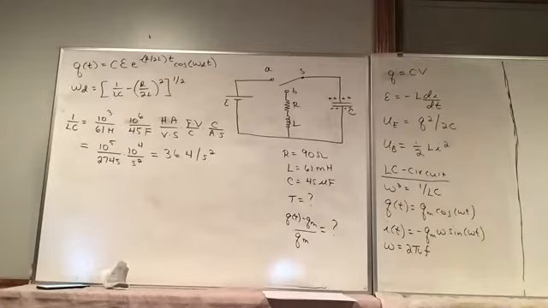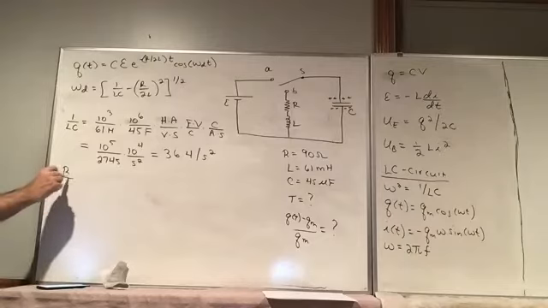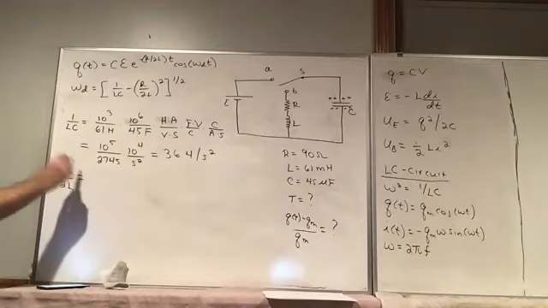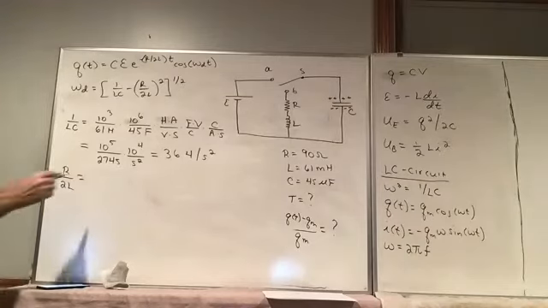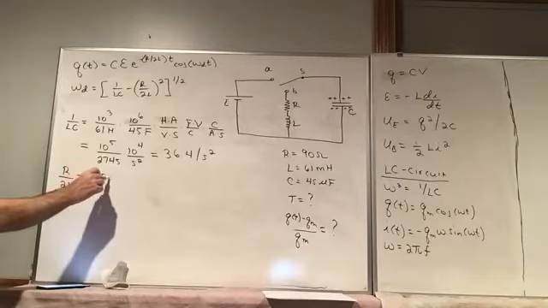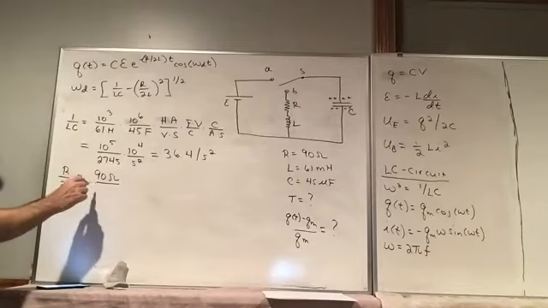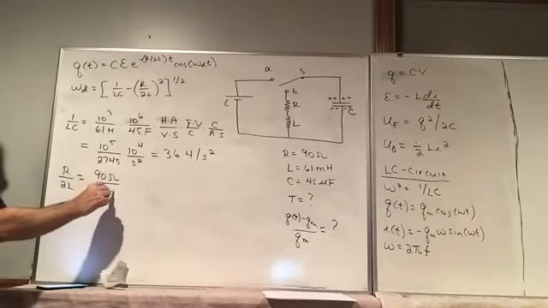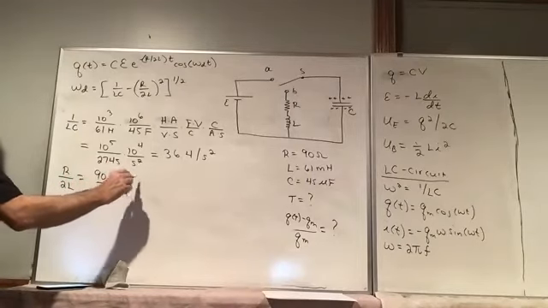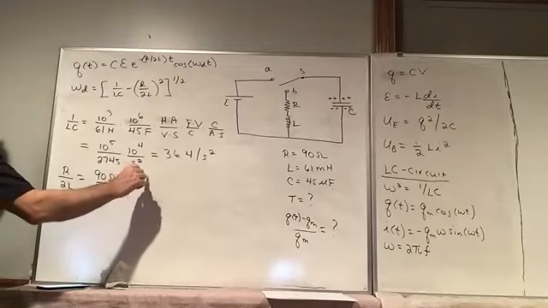Okay. Now, the next term we want to find is R over 2L. So we have 90 ohms. 2L, that'd be 122 millihenries.